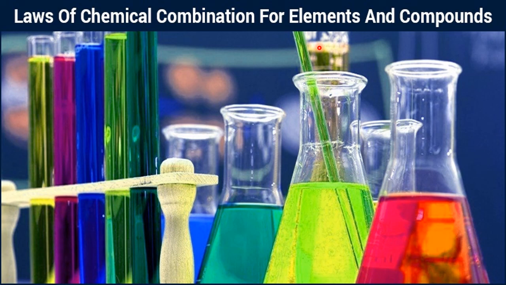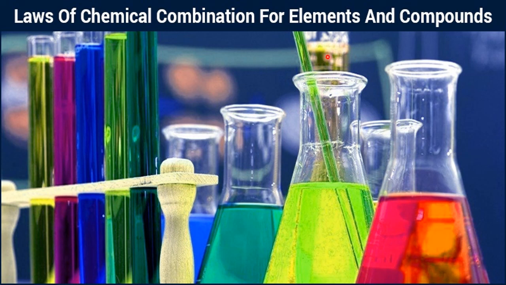After conducting several experiments, they have made the laws. So first they conduct experiment, they go for the calculations, they conclude, then they go for the law. After everything they make a law. That is the universal truth. So we go for the laws of chemical combinations for elements and the compounds.